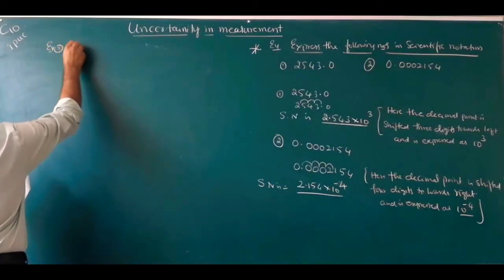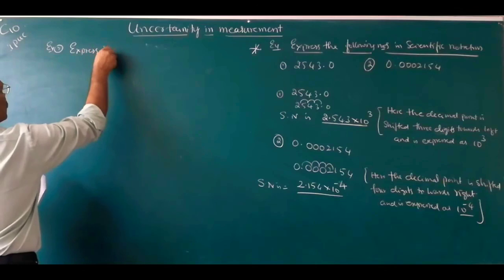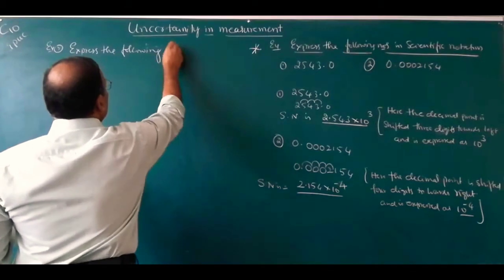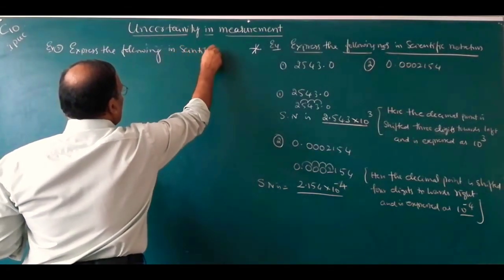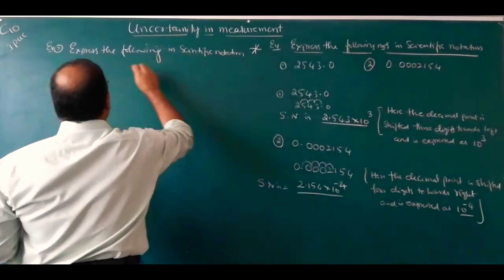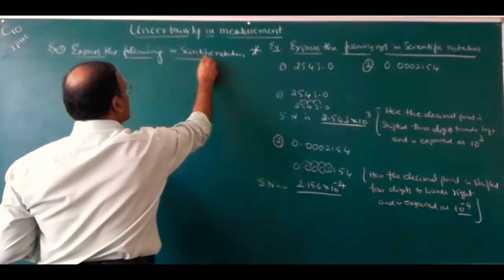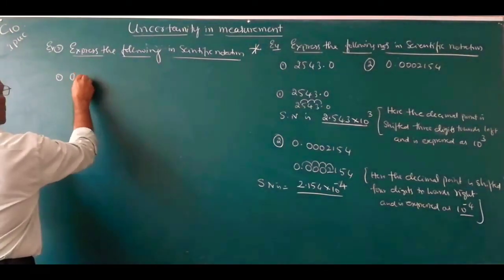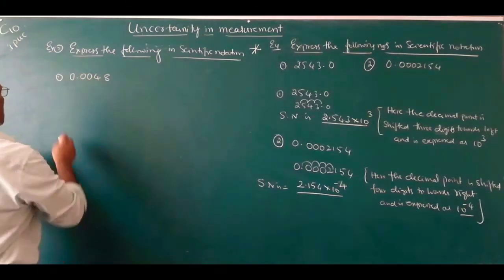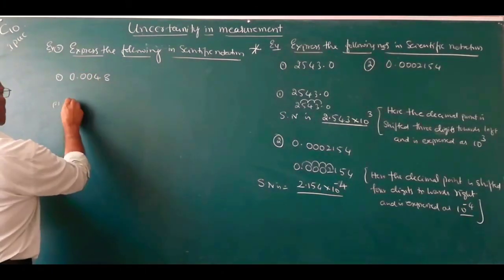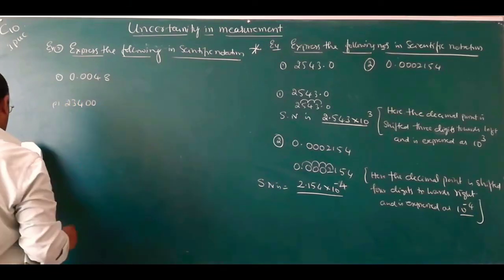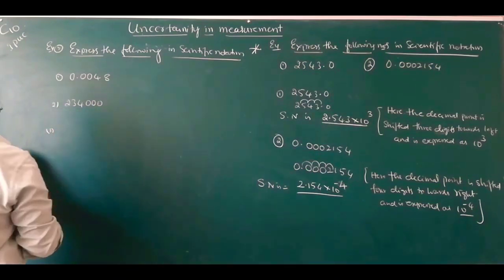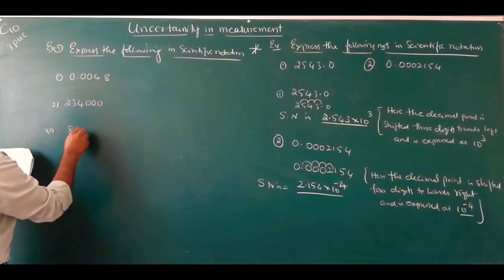Example 2. Express the following in scientific notation. Number 1, 0.0048. Number 2, 23400.0. Number 3, 8008.